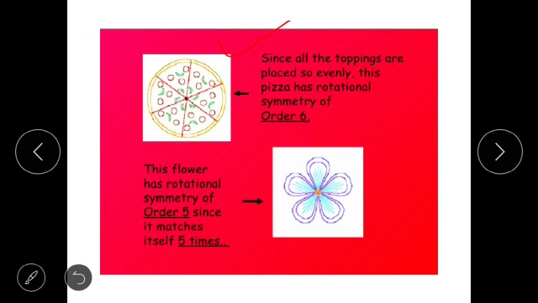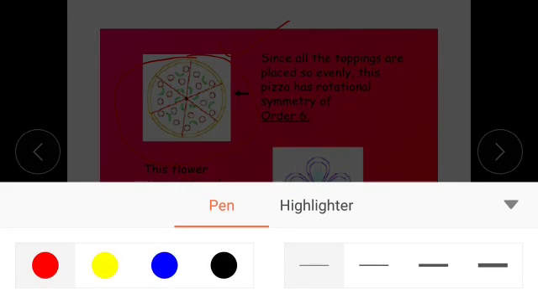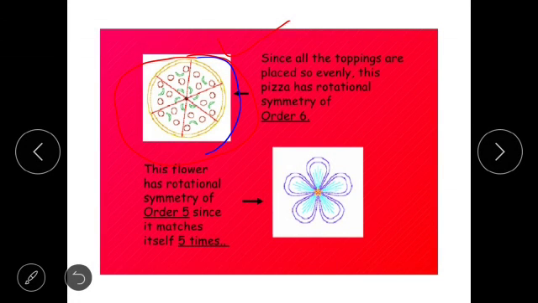When rotated through 360 degrees, that is one complete rotation, it fits onto itself 6 times, because each time I rotate it through 60 degrees, it fits onto itself, and 6 times when rotated through 360 degrees. That is, it has order 6 of rotational symmetry.